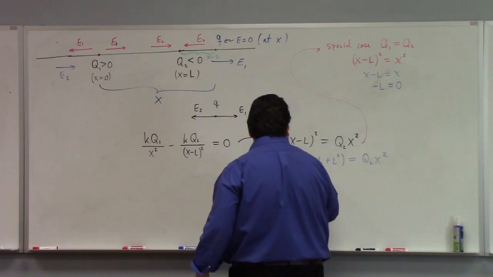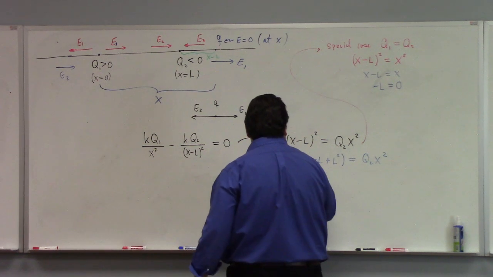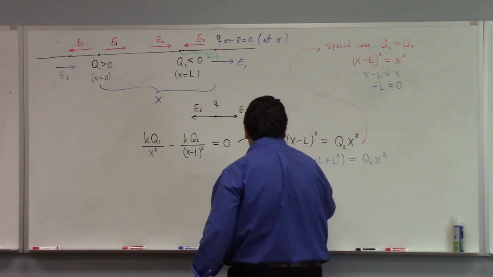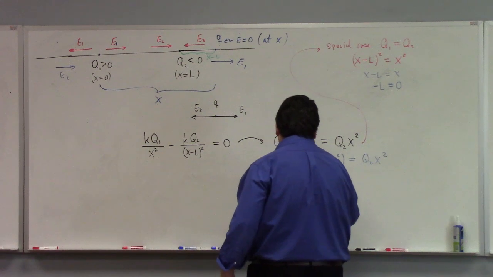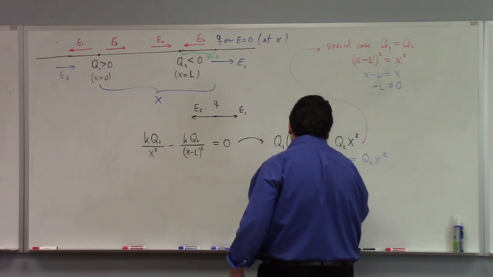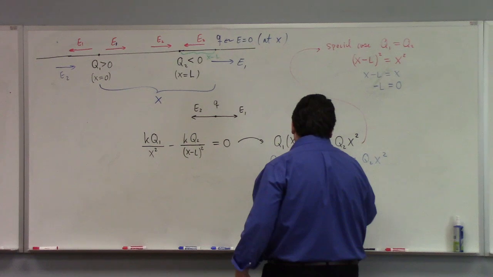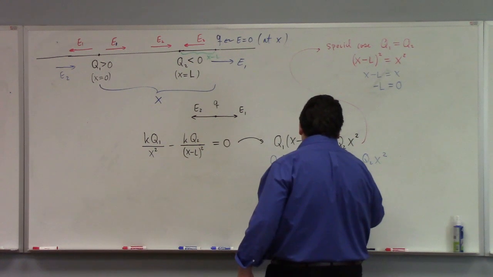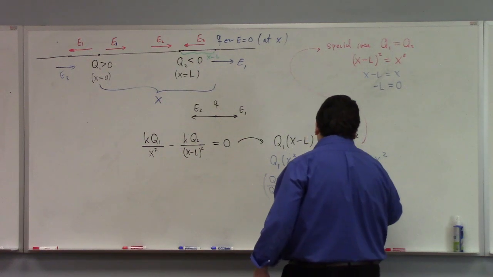If we rearrange this, we can rewrite it as Q1 over Q2 minus 1 times X squared, minus 2L over Q2 X, plus L squared.